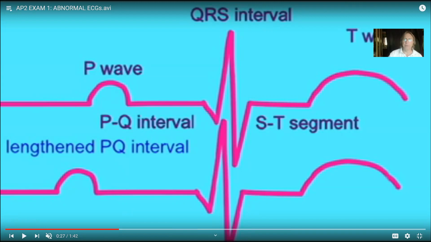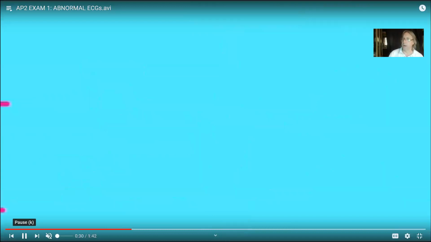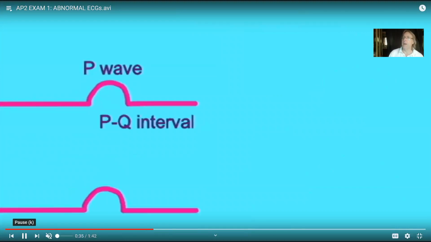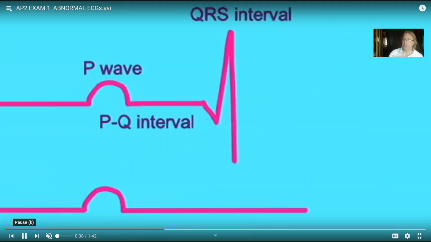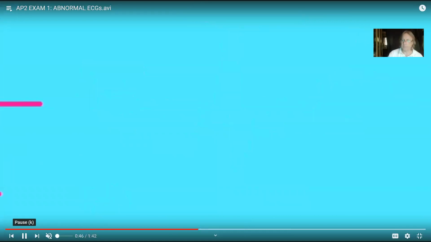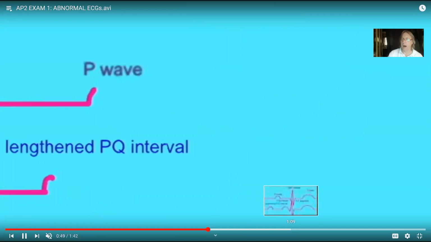Once you know that there's this interval, it's about this long. If you see any abnormalities here, like if it's longer than it should be, maybe you've had heart attacks before and now there's scar tissue in the heart, which is interfering with the passage of messages here. Maybe sometimes the atria get a message and have a P wave, but the ventricles don't get a QRS message because the scar tissue has blocked that message.